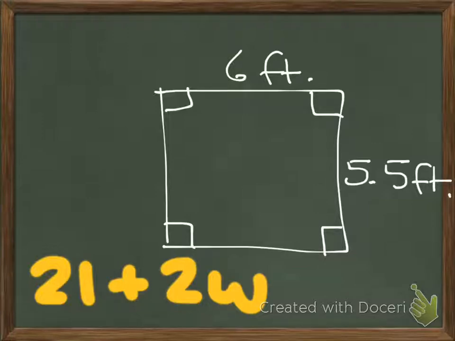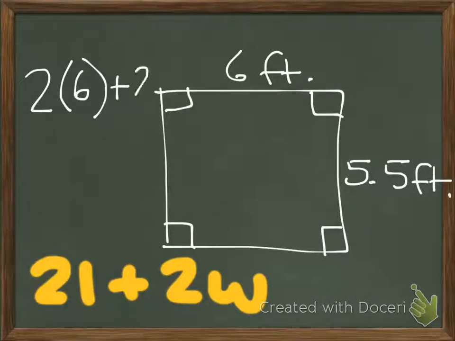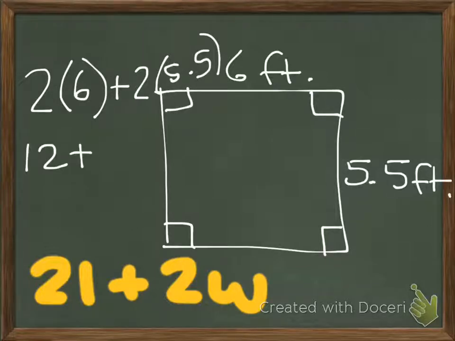It doesn't matter whether you put in the 6 as the length or the width, because both are being multiplied by 2. We're going to plug in 6 for the length and 5.5 for the width and solve. Order of operations, we need to do multiplication before addition. So we get 12 plus 11, and that gives us 23. It's labeled as feet, so that's our perimeter.